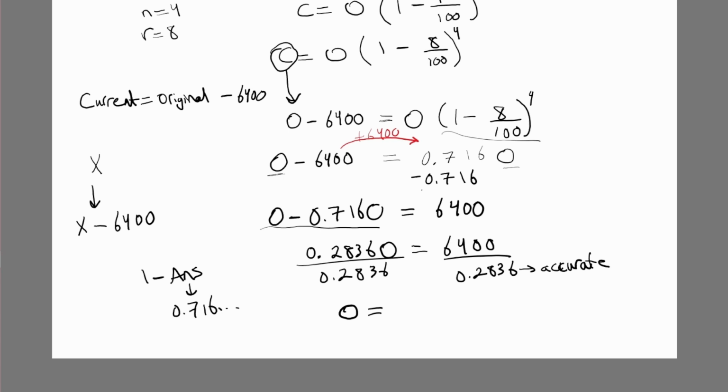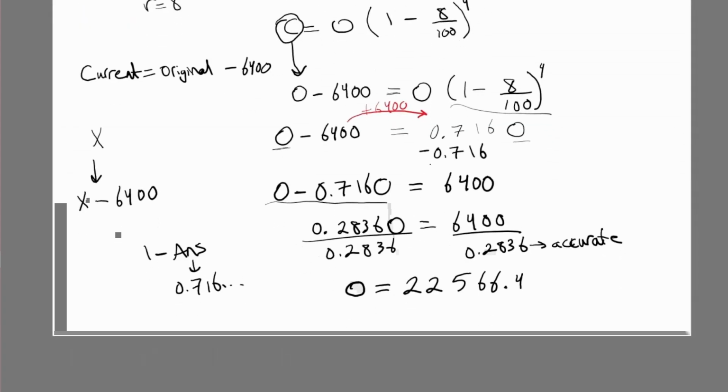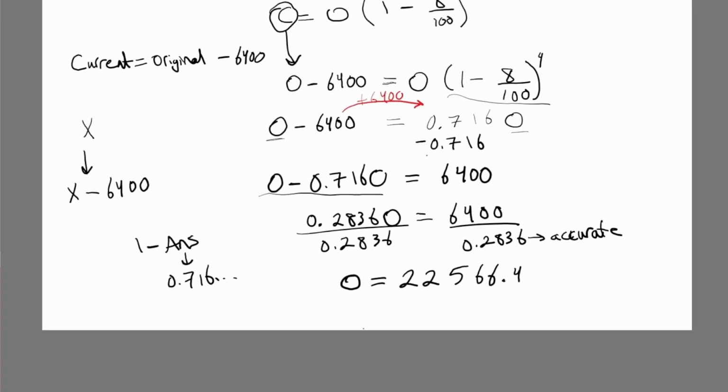That's when you round. And so we get the original is 22,566.4. And there's a bunch of more decimals, but the question never specified a unit of round, so we're going to round this to 3 significant figures. This is the first, this is the second, and this is the third significant.